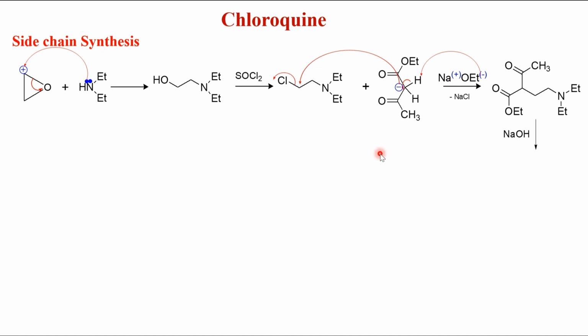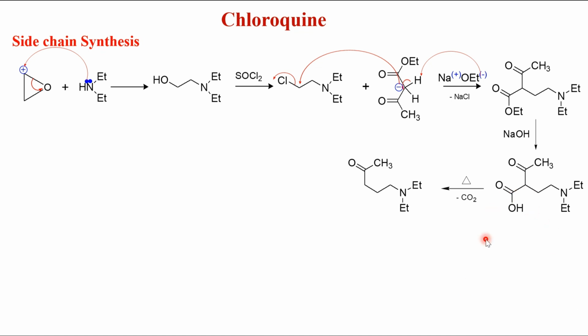I hydrolyze this using sodium hydroxide. I will get the corresponding carboxylic acid with the loss of ethanol. Heat it strongly, it loses carbon dioxide and it gives the corresponding diethylaminopentan-2-one.